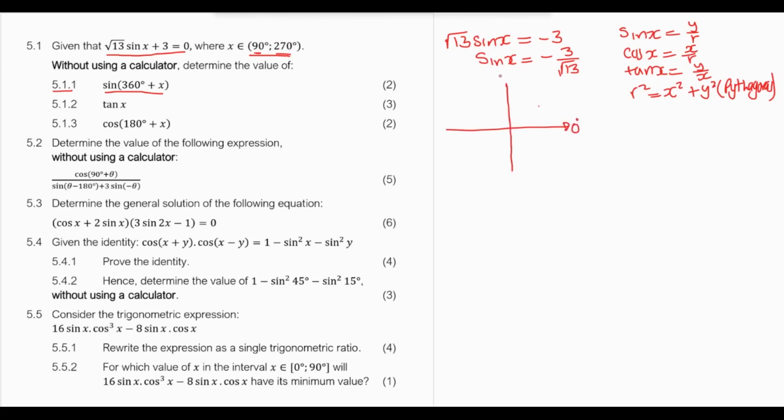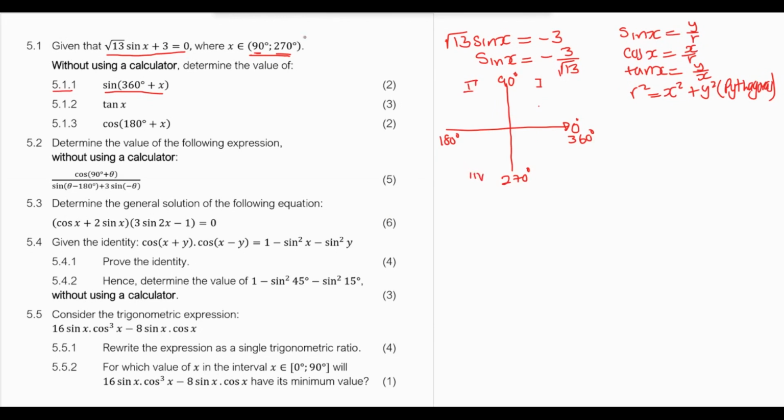This is 0 degrees, 90 degrees, 180 degrees, 270 degrees, and 360 degrees. The angle should be between 90 degrees and 270 degrees, so it can be quadrant 2 or quadrant 3.